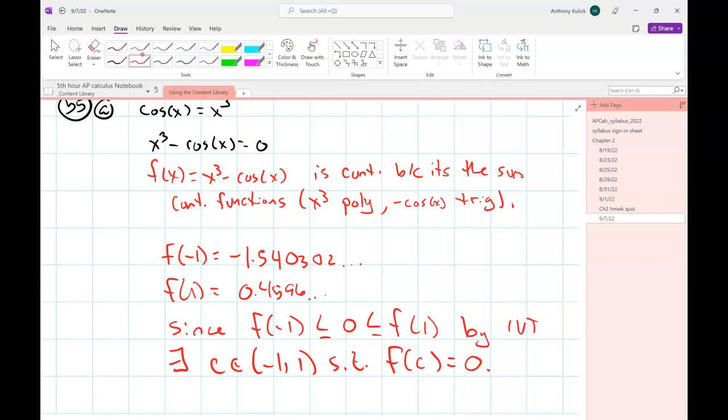Yeah, if f of 0 gives you a negative value, absolutely. You just need something that gives you a negative and something that gives you a positive. Any x is fine that does that. If it was x negative 7,000 and x positive 7,000, that's fine. It's a hassle to find the 0.